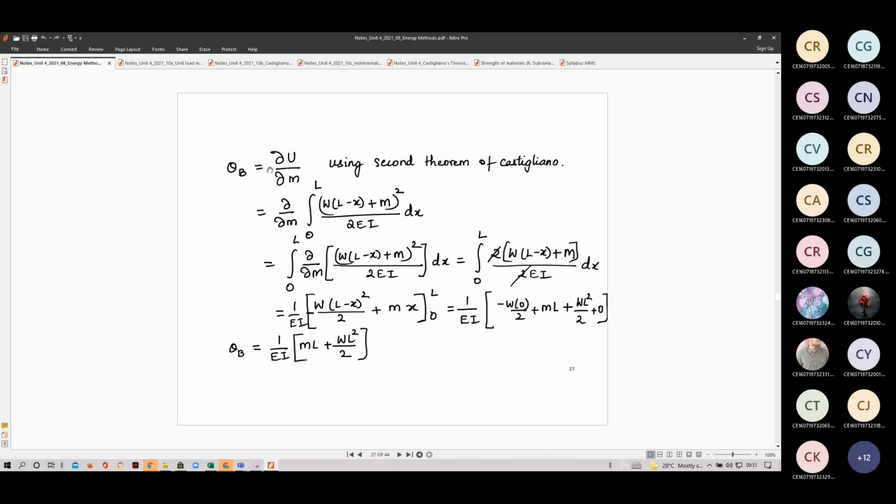So theta B is dou U by dou m. Dou by dou m of U, this integral. Derivative of the integral is integral of the derivative. We can do that. So we can first take this derivative inside and differentiate. When we differentiate, be very careful. We are differentiating with respect to m, not with respect to x.